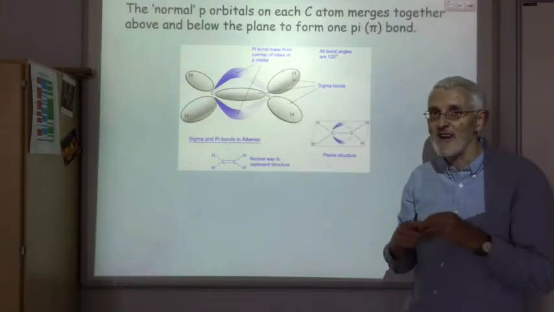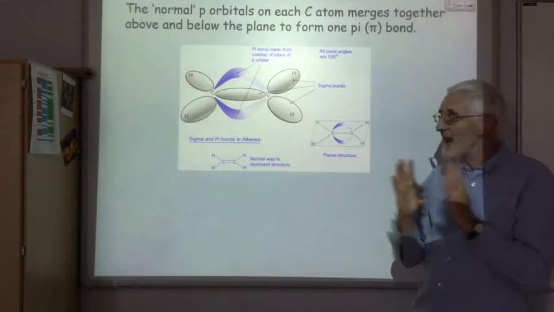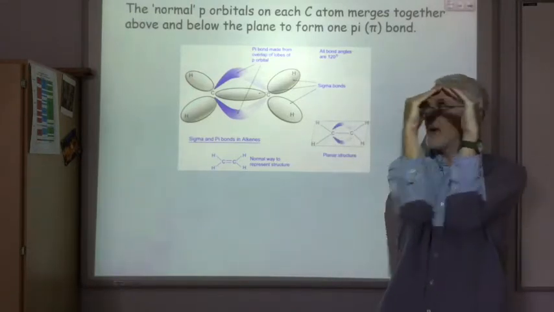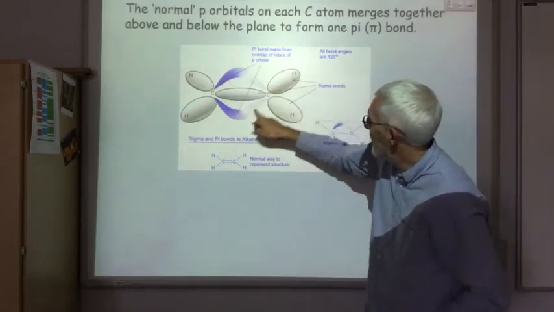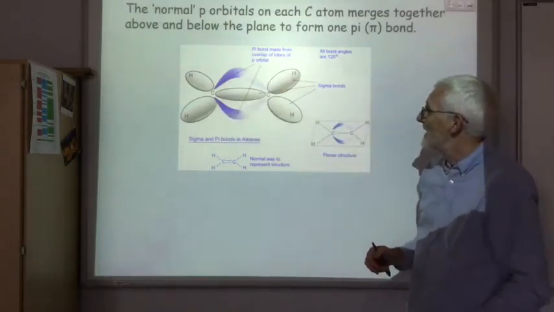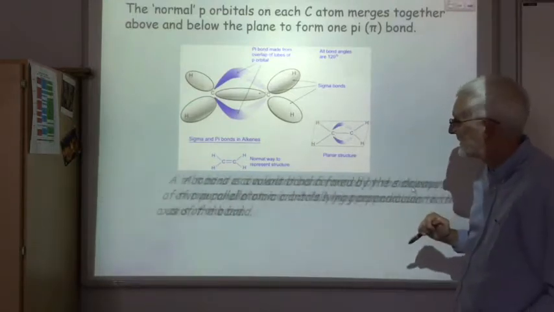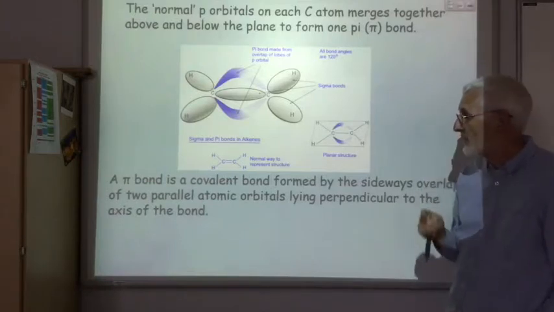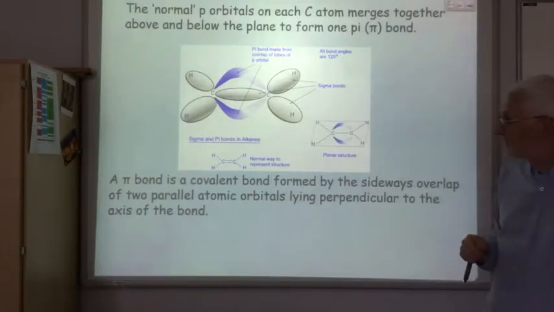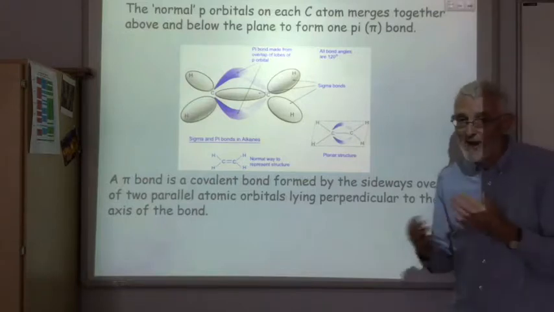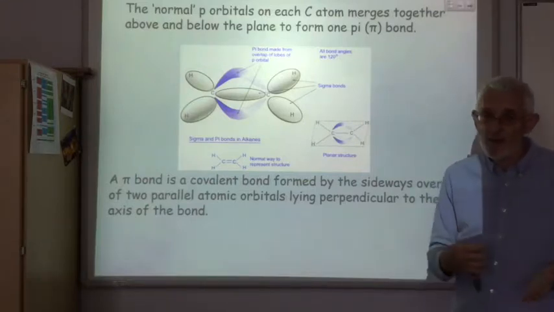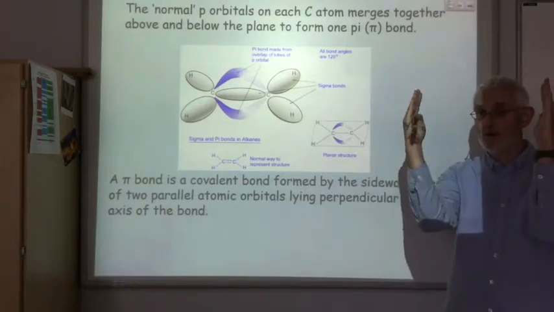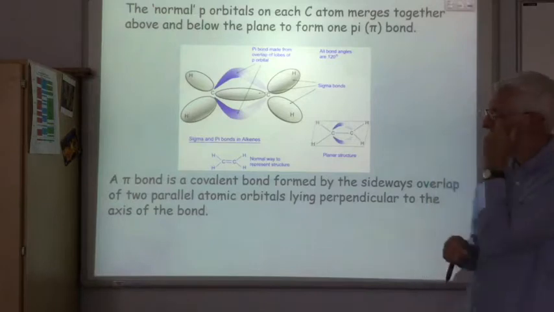It's normally referred to as side-on overlap as opposed to an end-on overlap. So above and below the plane of the molecule. So it's called a pi bond. So it's formed by the sideways overlap of 2 parallel atomic orbitals lying perpendicular to the axis of the bond. So you have to be able to differentiate between the sigma bonds, which are end-on overlap, and the pi bonds, which are sort of the sideways overlap.